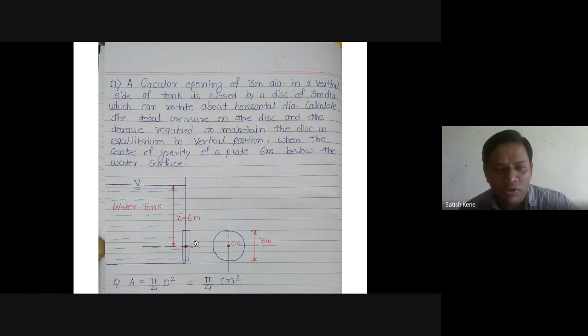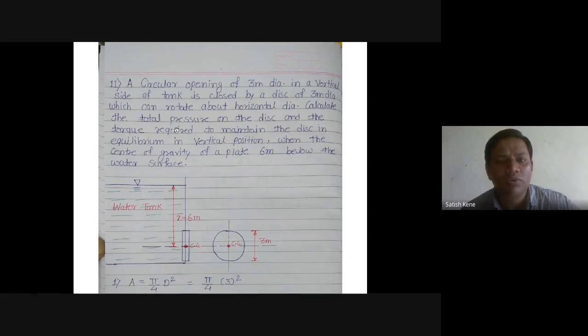A 3-meter diameter hole I am taking here, closed by a disc of the same diameter, 3 meter, which can rotate about a horizontal diameter. We can apply some force here, that is hydrostatic force, for rotation.